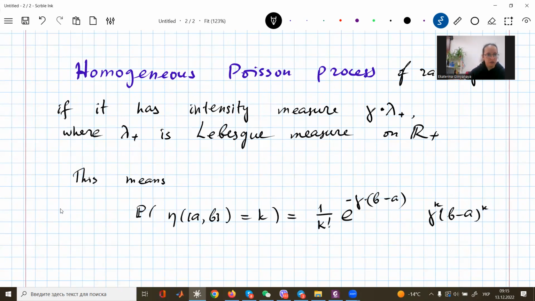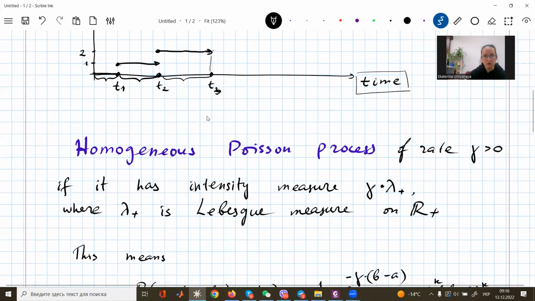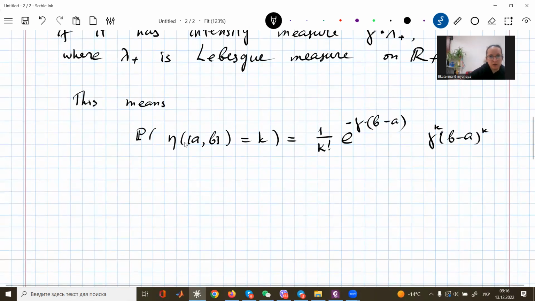As I told, now I would like to present the criterion where we define the distribution of a homogeneous Poisson point process based on the distribution of the lengths of intervals between random points. So let us formulate it.